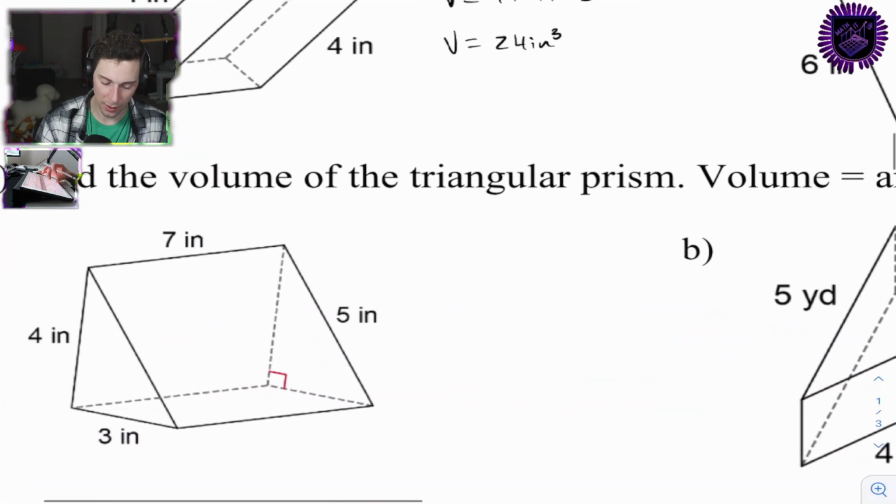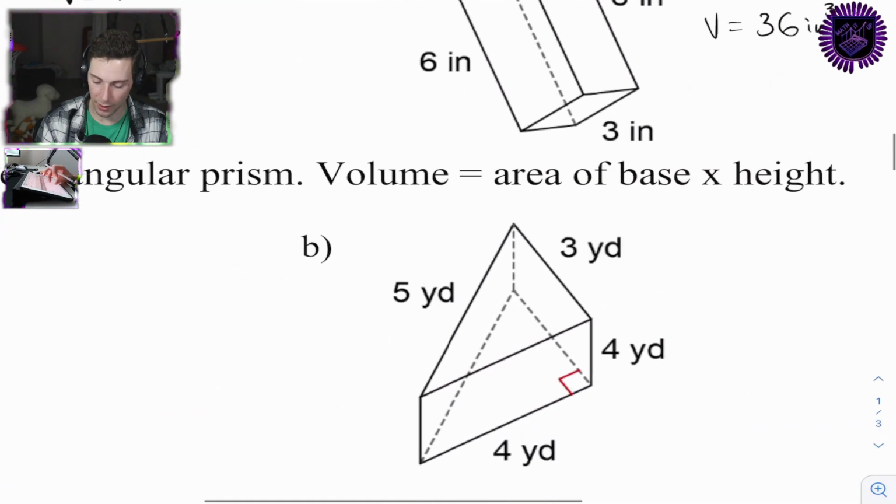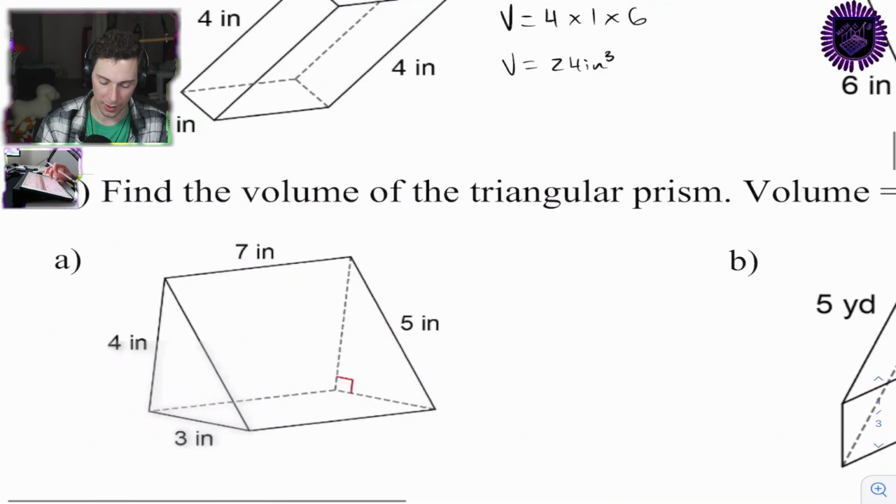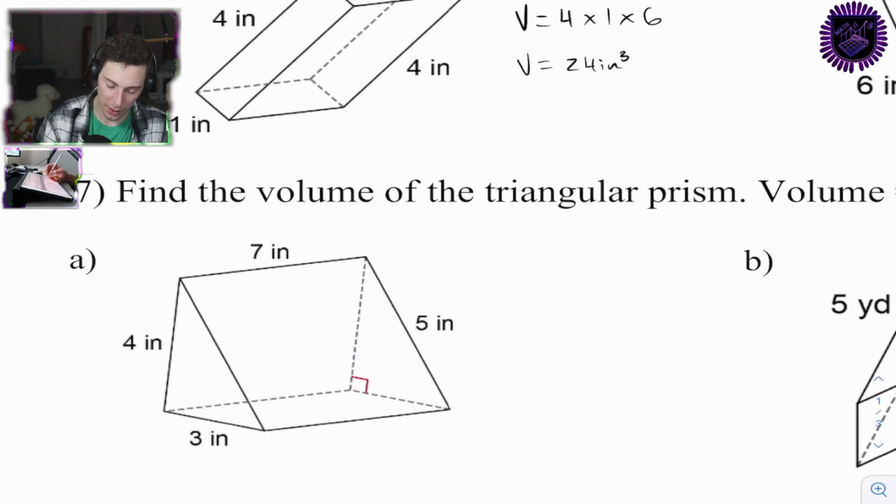Next questions, what we want to do is find the area of the base times the height. So volume will be equal to area of base times height. So now the area of the base is base times height divided by 2.